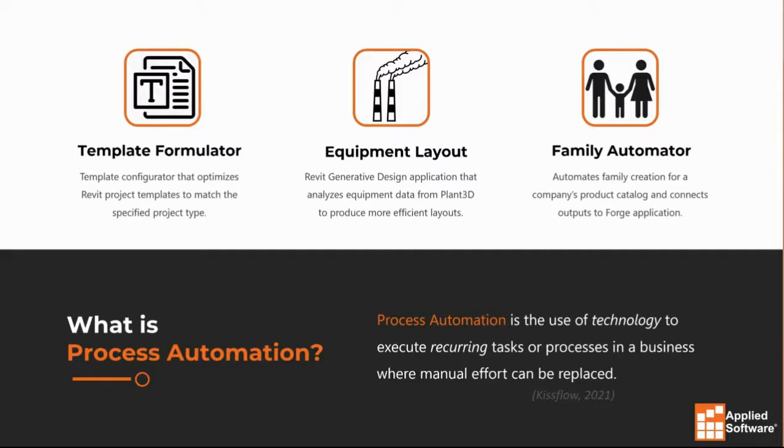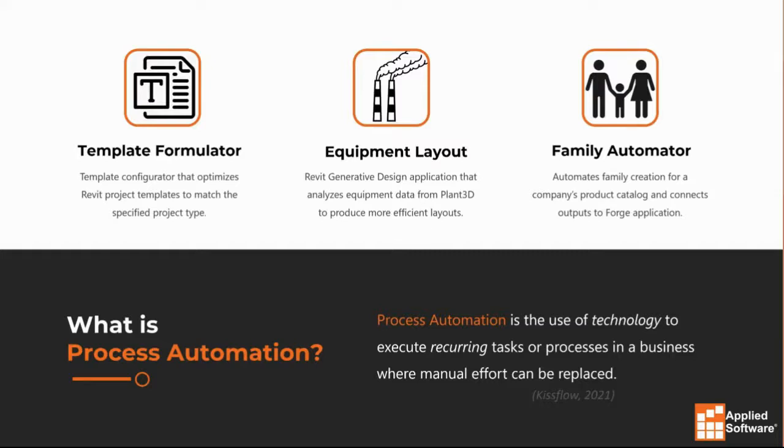The equipment layouts is a really fun project that I did with a customer. It was an R&D project where we were testing out the viability of Revit's generative design tool that was added in Revit 2021, and how we can use that to optimize equipment layouts for a refinery.